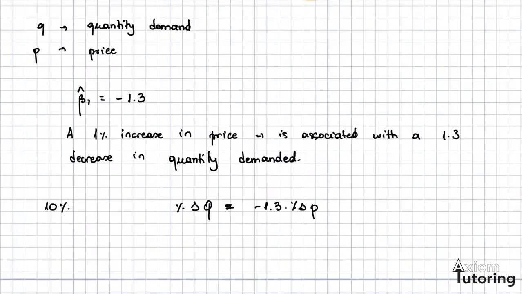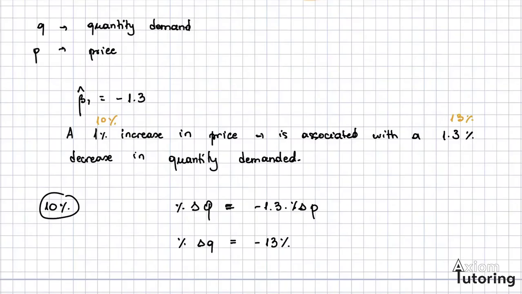So if price increases by 10%, that simply means that the percentage change in quantity is minus 13%. So a 10% price increase is associated with a 13% decrease in quantity demanded.